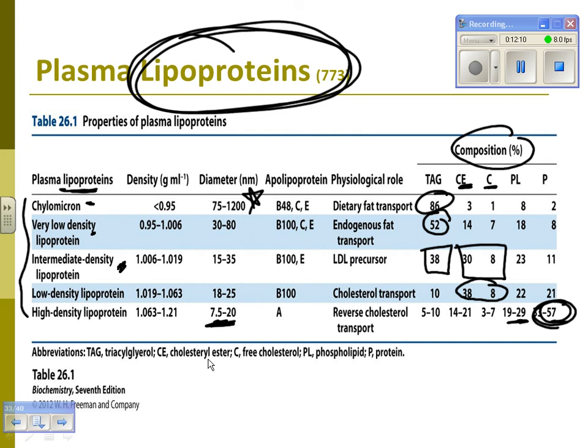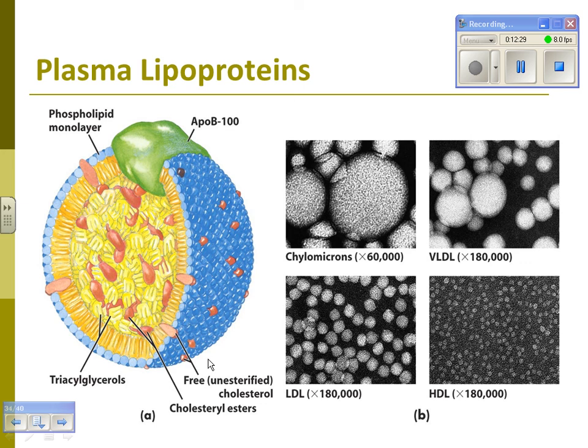While these are very big, they also have a low density. He might ask about the smallest one, like chylomicrons have the lowest amount of cholesterol in them and the lowest protein, but that's tough. So I would definitely know the highest stuff first. So these are our big ones, these are our small ones like we just talked about.